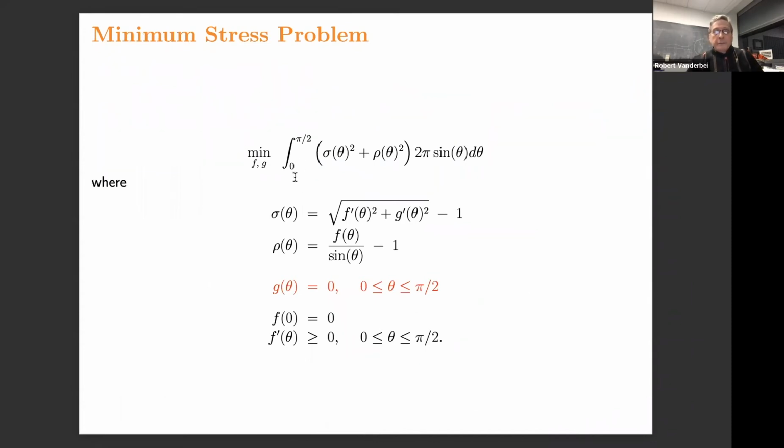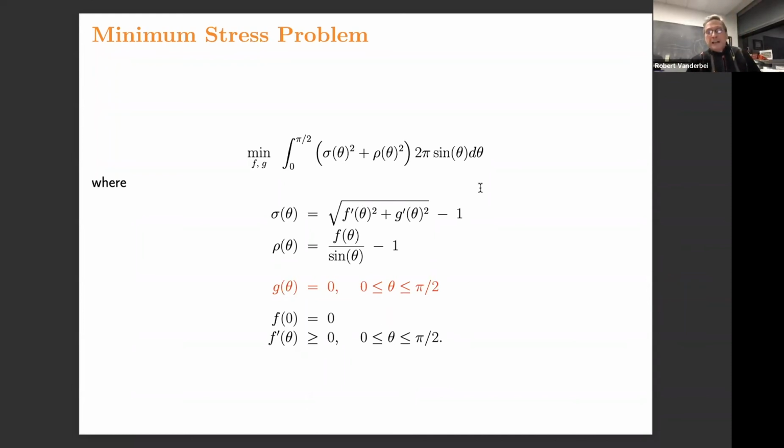So we're integrating from 0 to pi over 2, because that's where theta goes, sigma squared of theta plus rho squared of theta. Now, of course, we're integrating over the surface of the entire ball, so this is just one integral. We also have to do an integral in longitude, not just latitude.